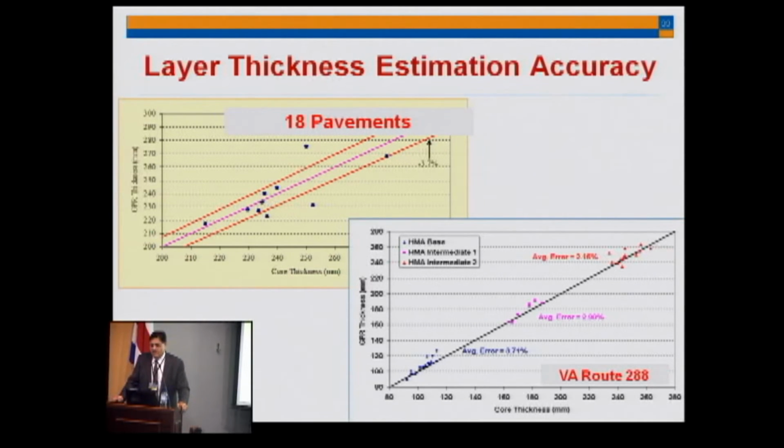So in that case, you have a very, very small error. Actually, in this particular case, this is a warranty road in Virginia where the accuracy was really high. Even if you take a core, with the variations in the thickness, you can very easily get 2 to 3% difference in the thickness. So this one tells you that it was very, very accurate when measuring new pavements.